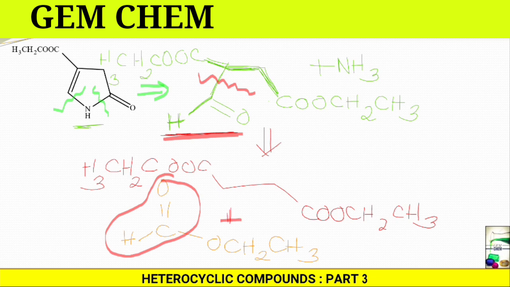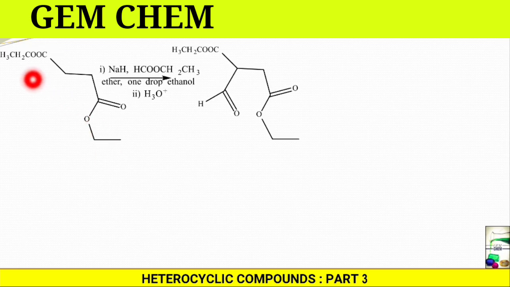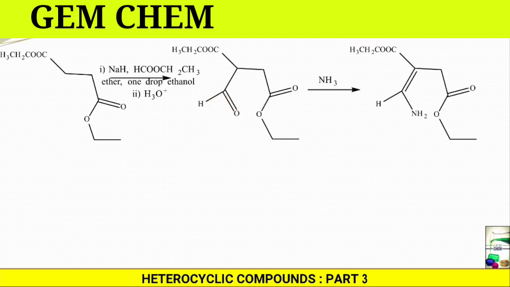Now let us try to see the whole total synthetic pathway. So first we have taken the molecule, then to it we have added sodium hydride and HCOOCH2CH3. What happens is the aldehyde portion of one carbon gets included here. Once it is done, we are going to add NH3 to it.